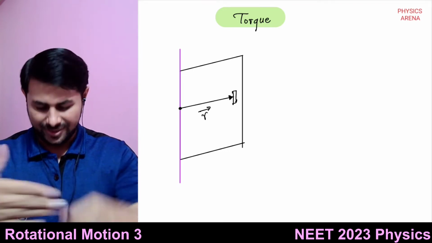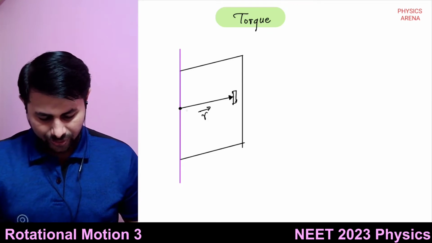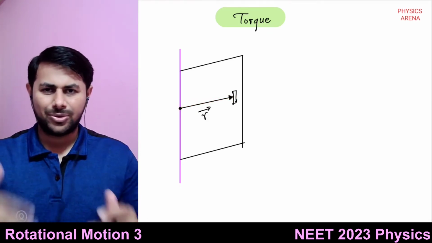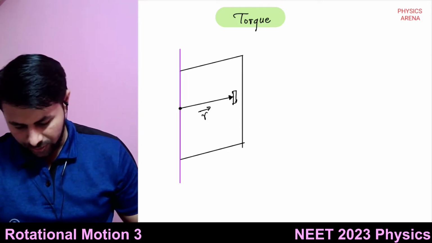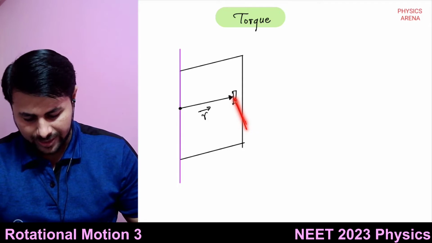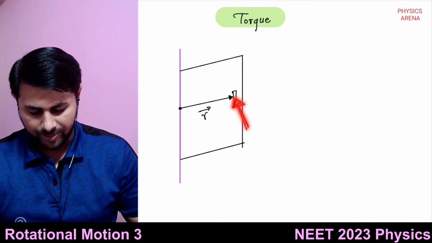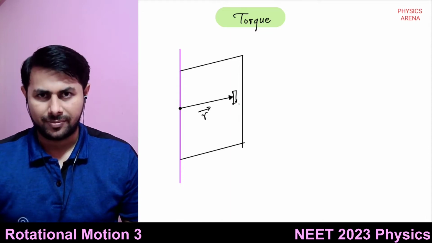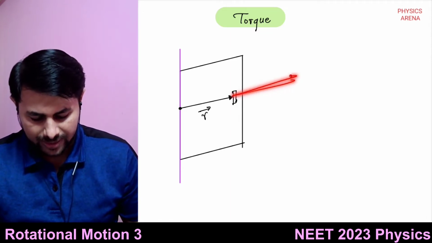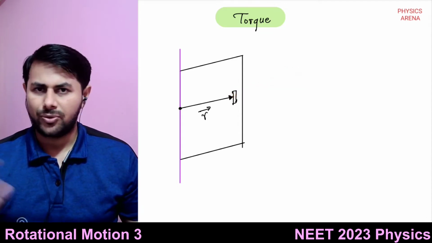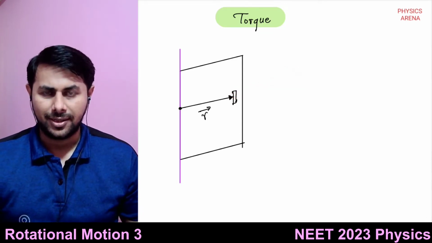No, right? So when the force is perpendicular to this r bar, the rotational effect will be maximum. Opening and closing is easier. If you pull the handle in this direction, it won't open or close, right?